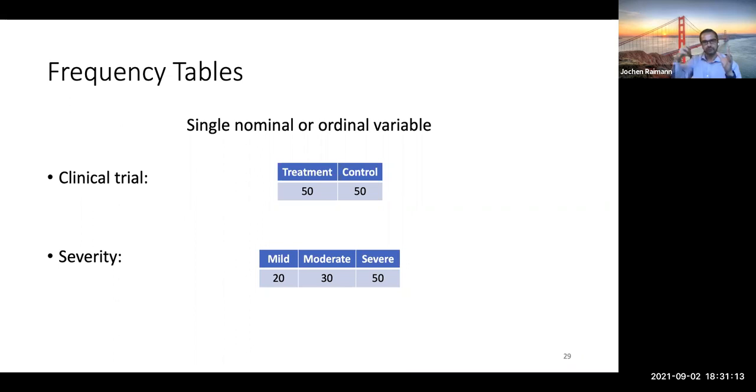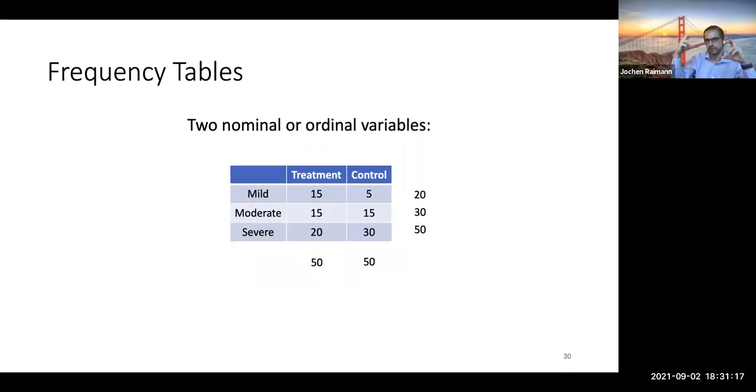And now we're bringing the frequency table to the next level, and we're adding a new dimension. We're adding treatment and control on the columns and mild, moderate, and severe on the rows. The marginal totals that you see here add up to 100, right? They have to. Same here.